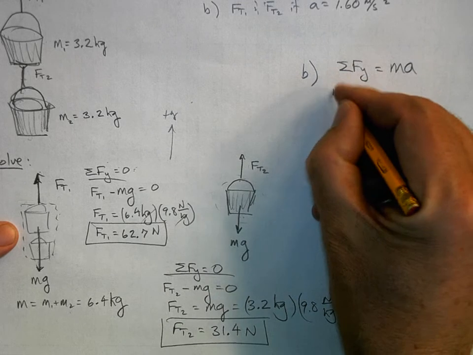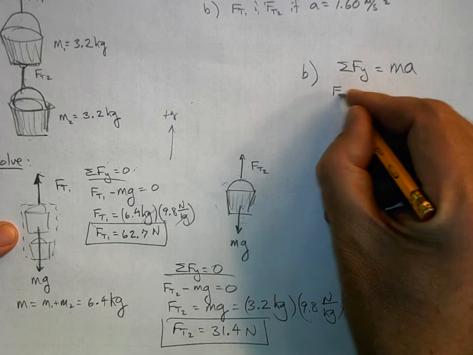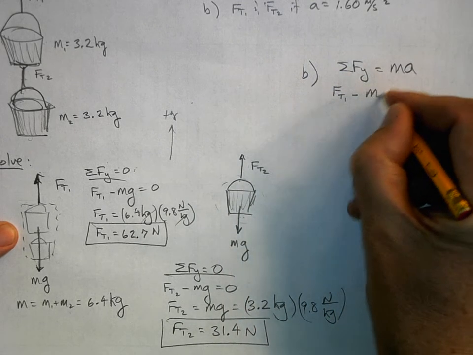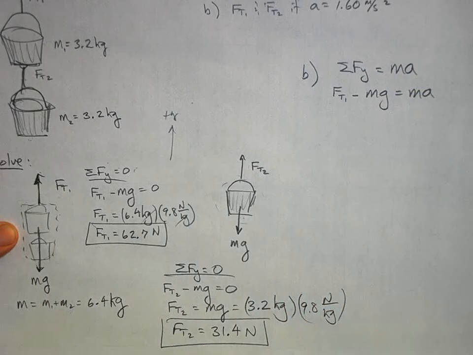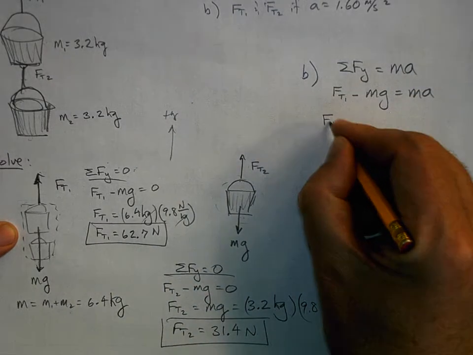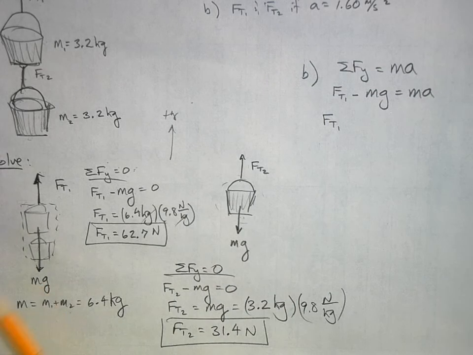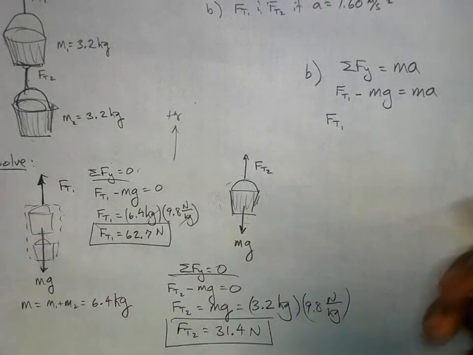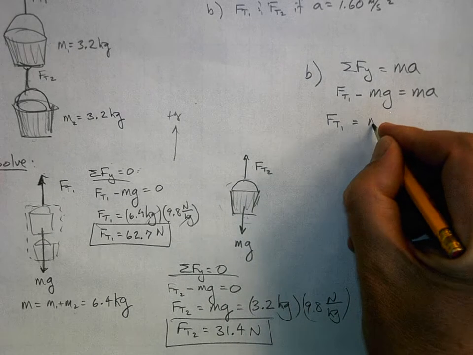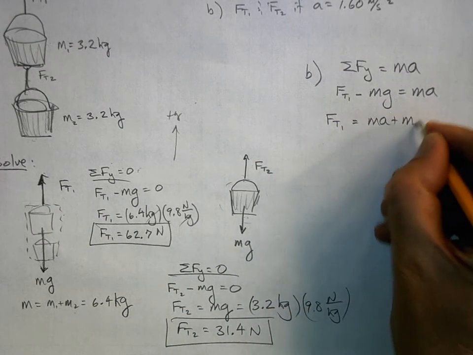It's equal to ma. So I've got the tension force minus mg equals ma. So when I solve for this tension force, I'm going to get ma plus mg.